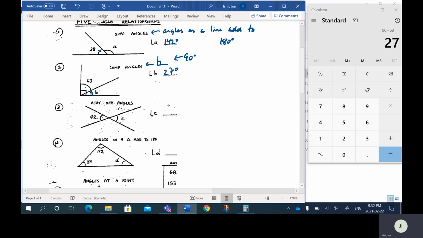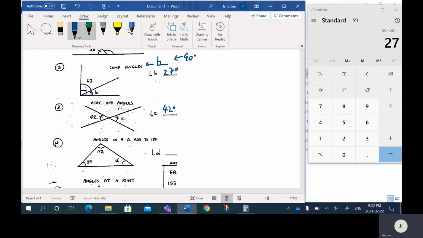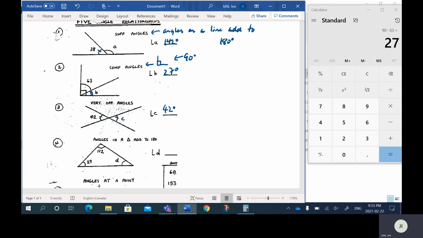So in this case, angle C is 42 degrees, because these two angles are across from each other. The way to show this is true is to use the first property, that angles on a line add to 180. These two angles add to 180, so 180 minus 42 is 138 degrees.